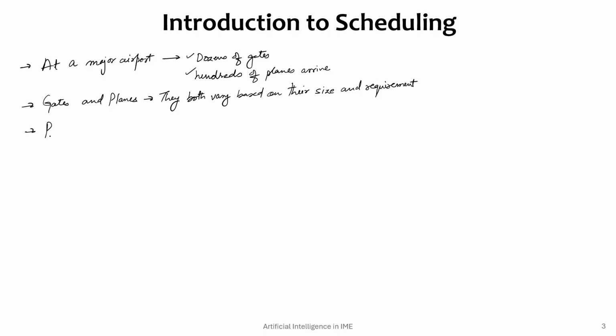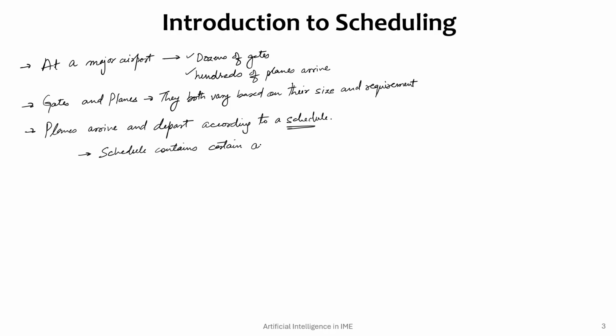Now planes arrive and depart according to a schedule. So what does this schedule contain? The schedule contains a certain amount of randomness.